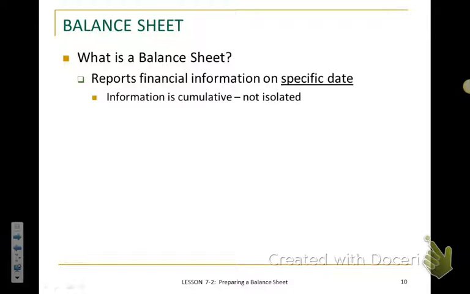So the balance sheet is said to report the financial condition of a company. It's the company's financial strength. It shows our assets relative to any debts or equities that our business has. If a company does not have a strong financial condition, the value of their assets is going to be weaker relative to what their debt and equity levels are.